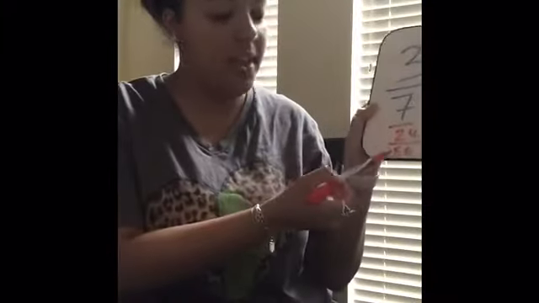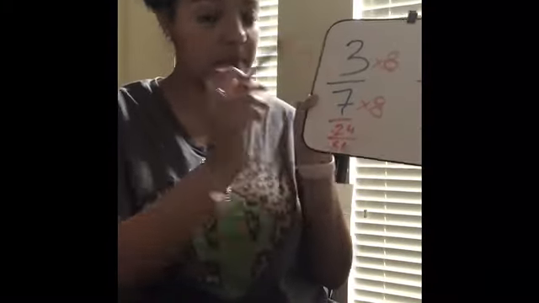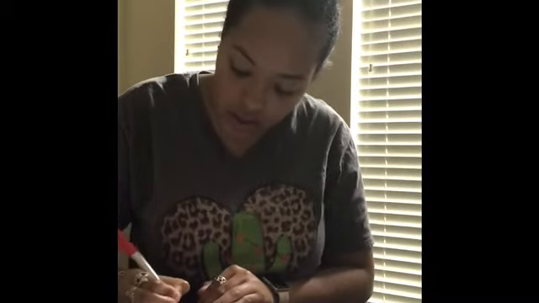Okay. So 3 times 8 is 24. 7 times 8 is 56. Okay. And then on the other side, we have 2 times 7 is 14, and 8 times 7 is 56.